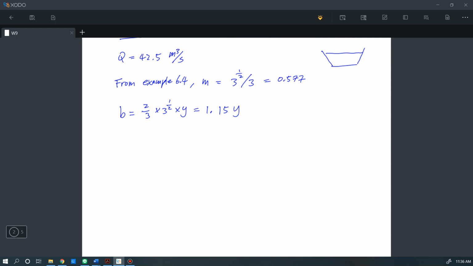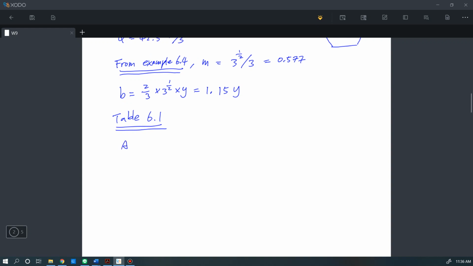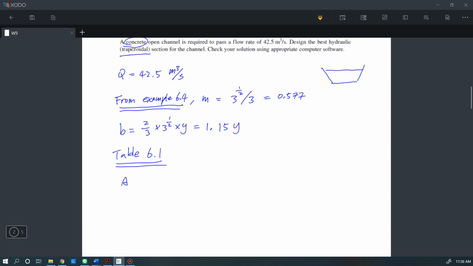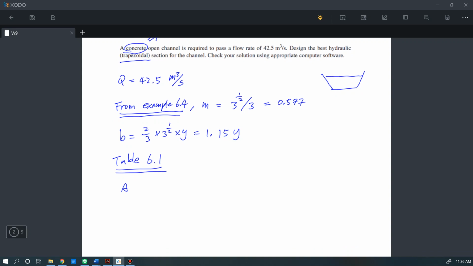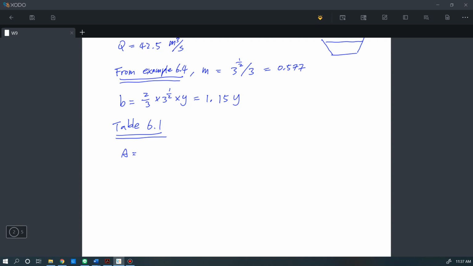And now let's apply table 6.1 from the textbook. We can use the equation for the area of this trapezoidal section of the channel, where the area is equal to b plus m times y, times y.